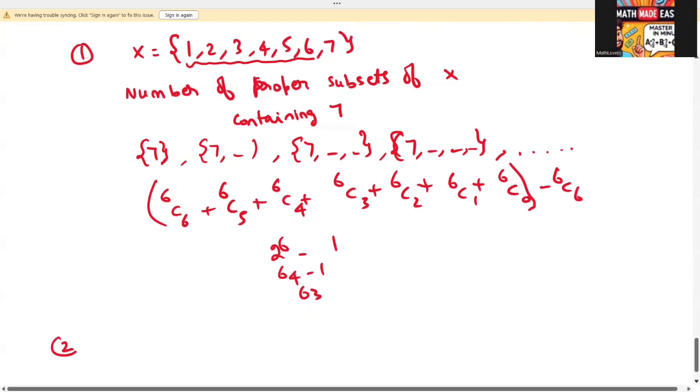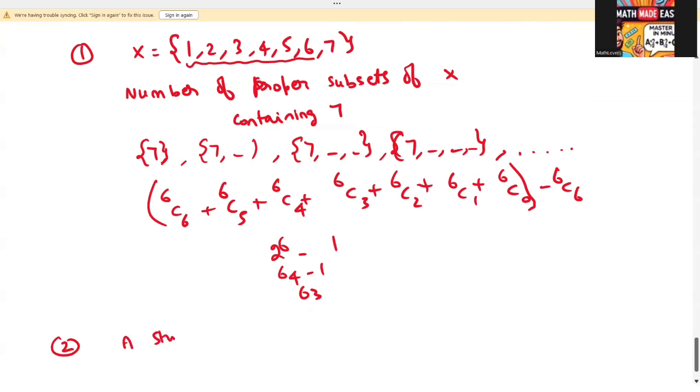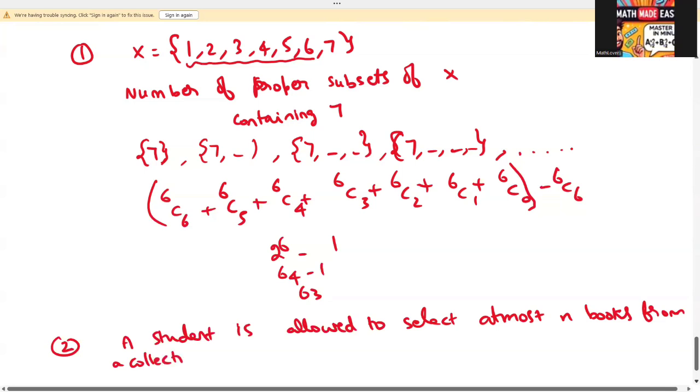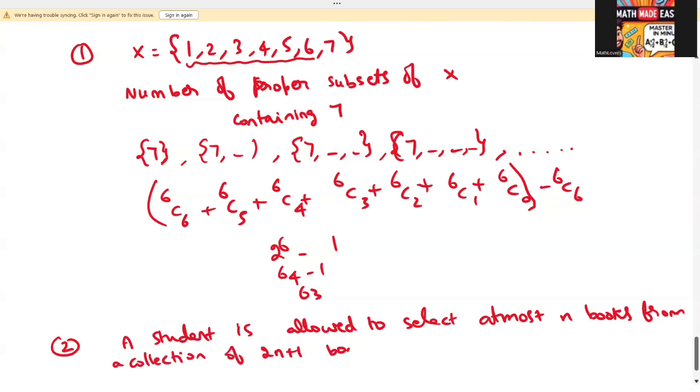Moving forward, question number 2. They're asking us: a student is allowed to select at most n books from a collection of 2n plus 1 books.